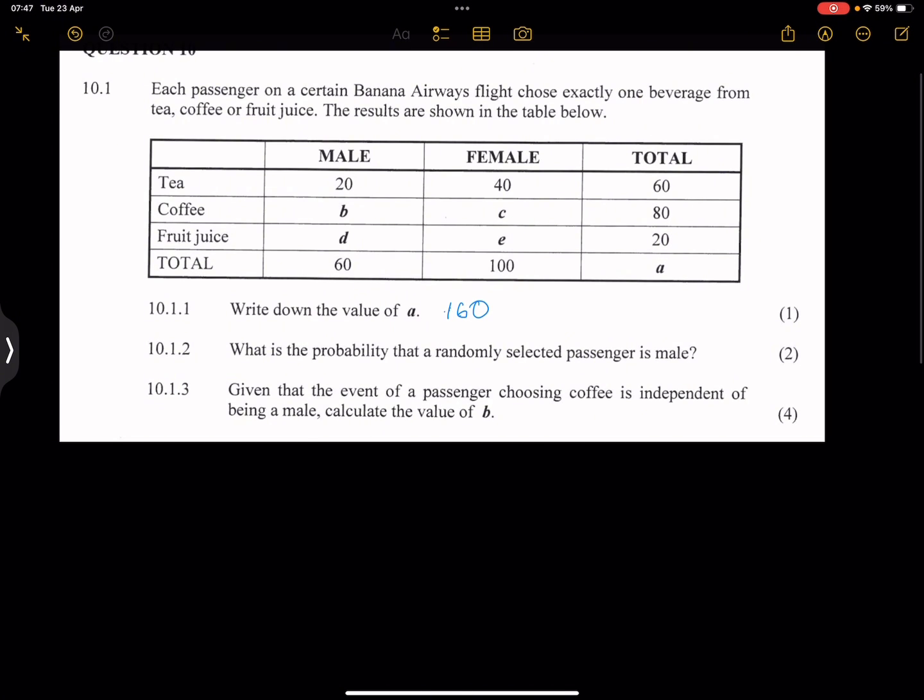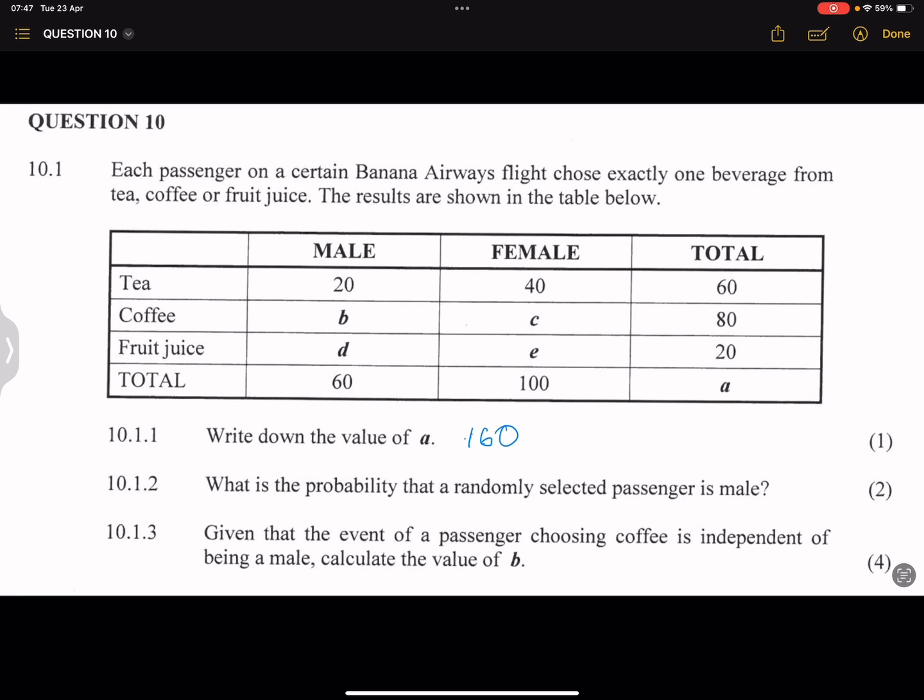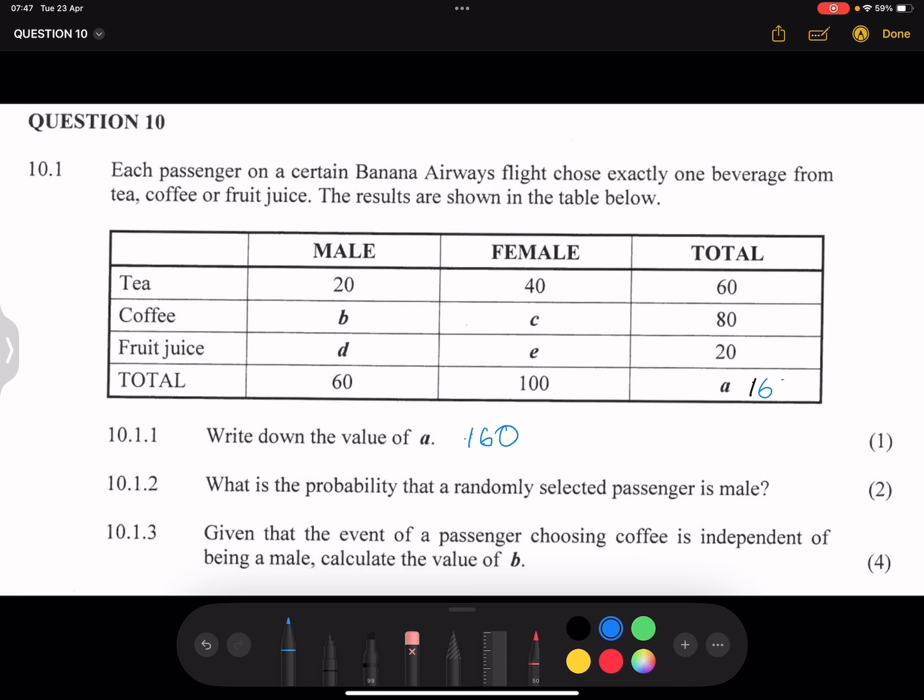And they ask us, what is the probability that a randomly selected passenger is male? Okay, so remember our total sample space is 160. And in this case, what would be the total number of males that we have? That's 60, right?